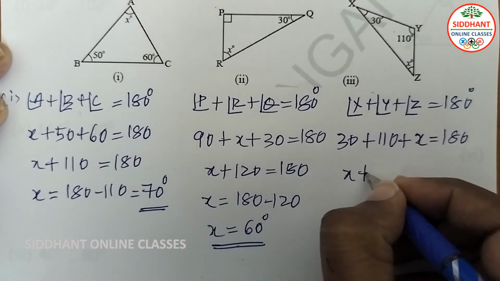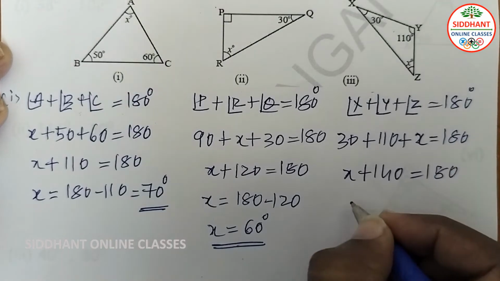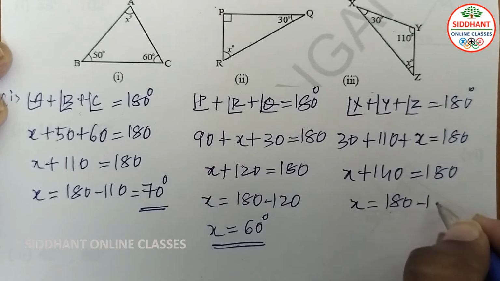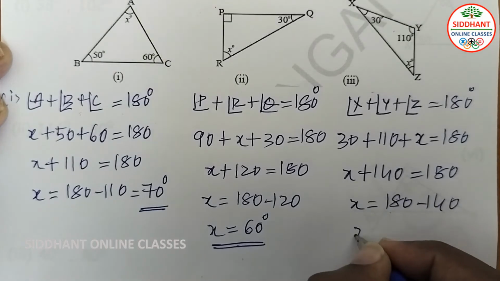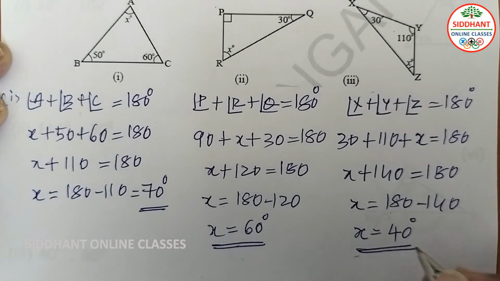So x plus 140 equal to 180, and x equal to 180 minus 140, then x equal to 40 degrees. So angle x is 40 degrees here.